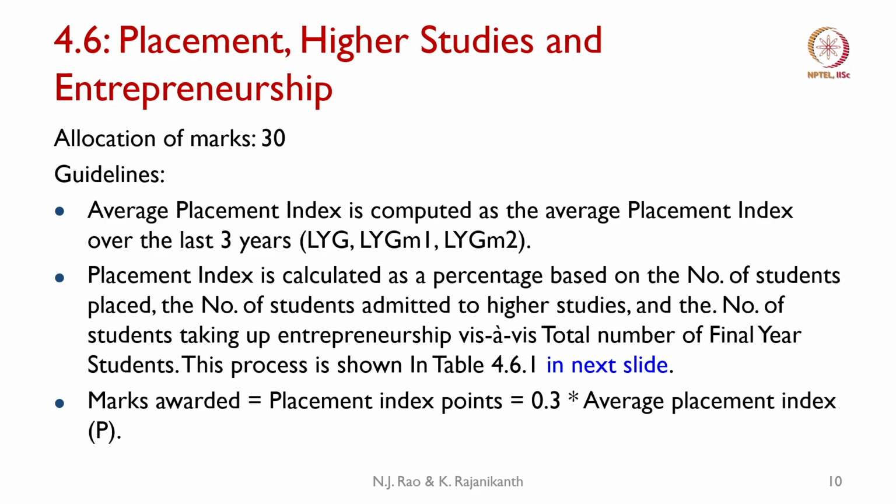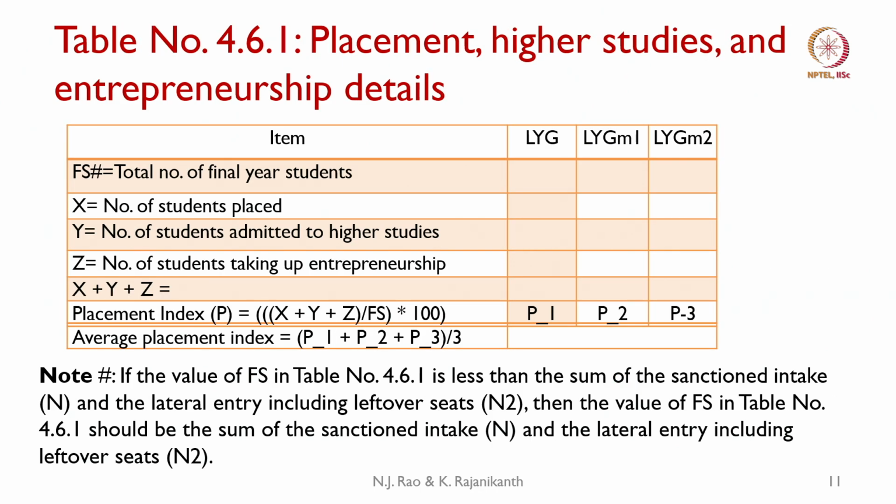The placement index itself is calculated as a percentage based on the number of students placed, the number of students admitted to higher studies, that is also accepted, and the number of students taking up entrepreneurship vis-a-vis the total number of final year students. So, this process is shown in this slide.